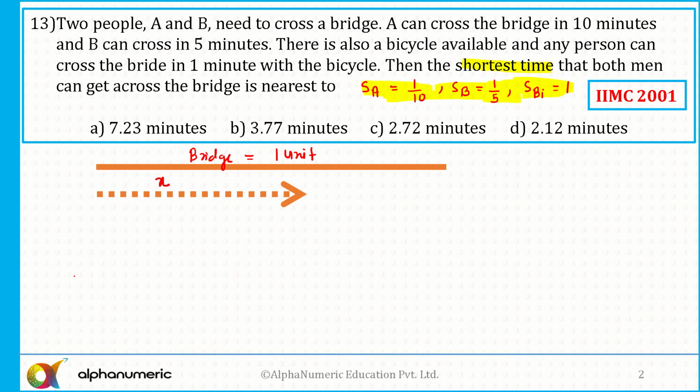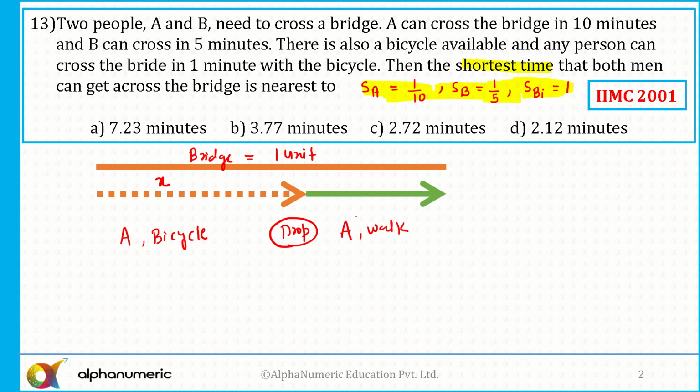Okay, so what will A do? A will travel this distance on the bicycle. And then he will drop the cycle here and travel the remaining distance by walking. And what is this remaining distance? That is the green line.